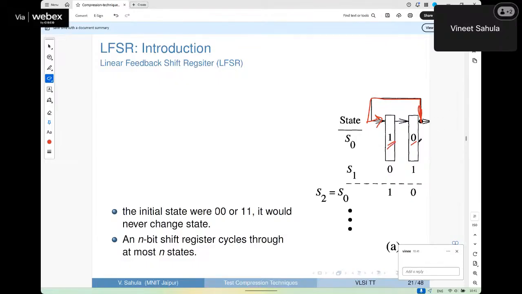This is called the initial state. Given an initial state, how many other states can we go through? We can find that out from this circuit configuration. So let us take this example as a given circuit configuration and analyze it.